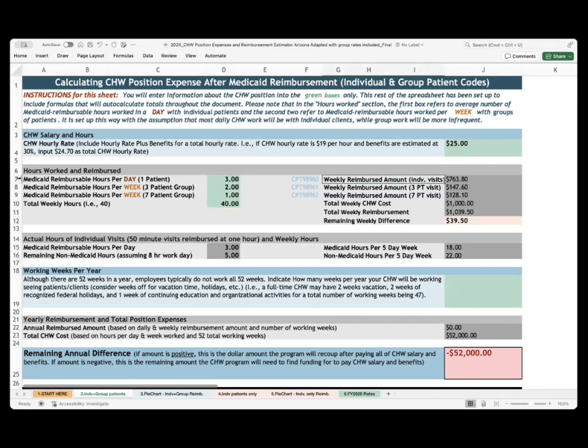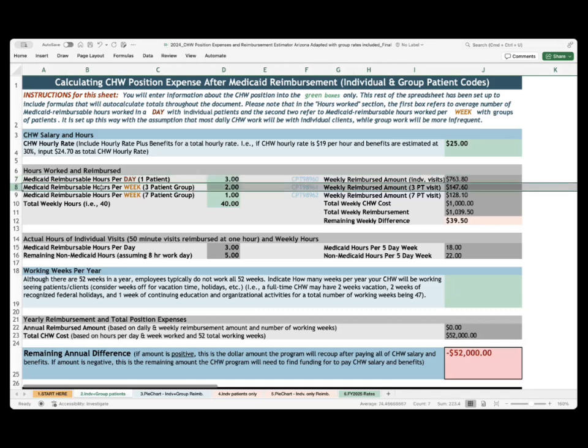In our first line here, where you put in how many hours per day the CHW is seeing individual patients, and these are Medicaid reimbursable hours, we've got a weekly reimbursed amount for individual visits of $763.80.